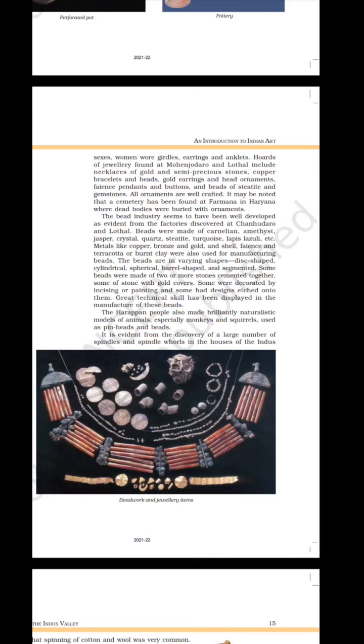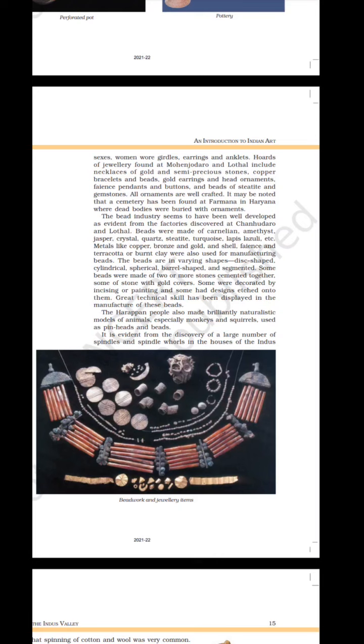Hoards of jewelry found at Mohenjo-daro and Lothal include necklaces of gold and semi-precious stones, copper bracelets and beads, gold earrings and head ornaments, faience pendants and buttons, and beads of steatite and gemstones. All ornaments are well crafted.